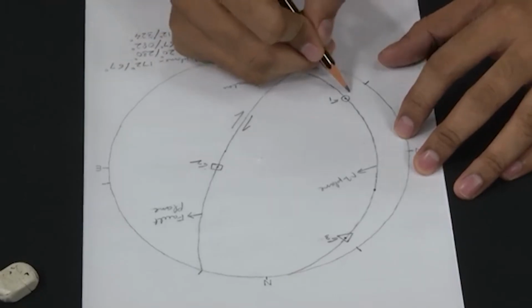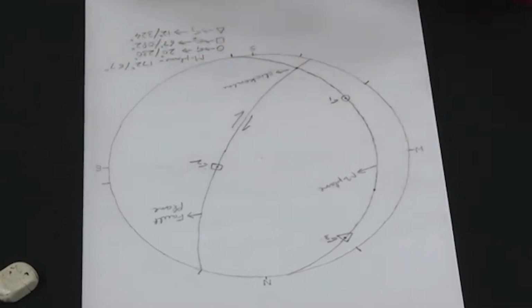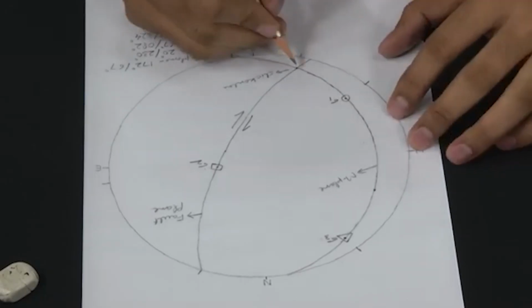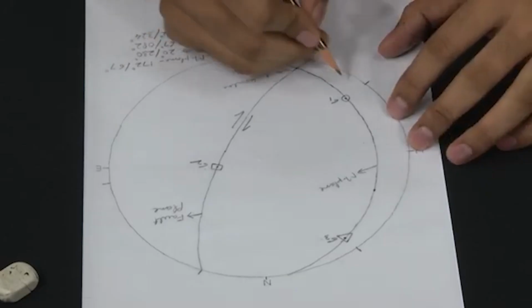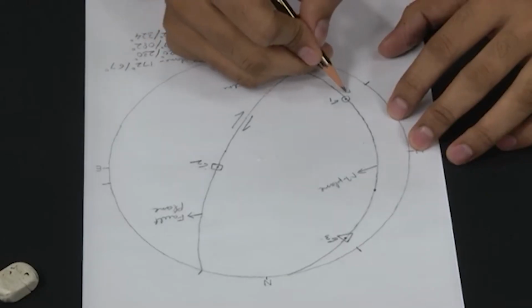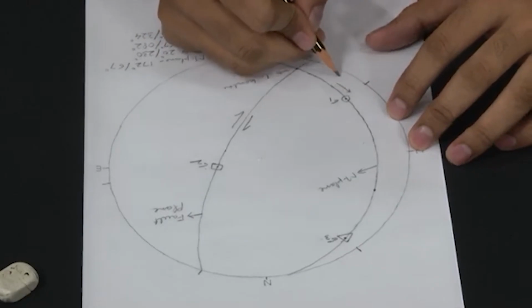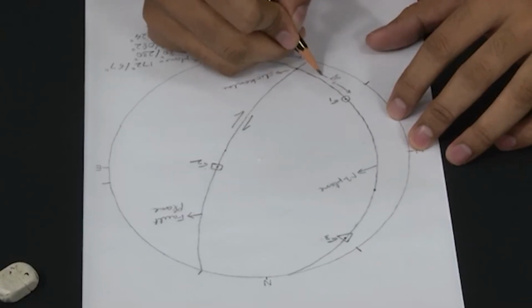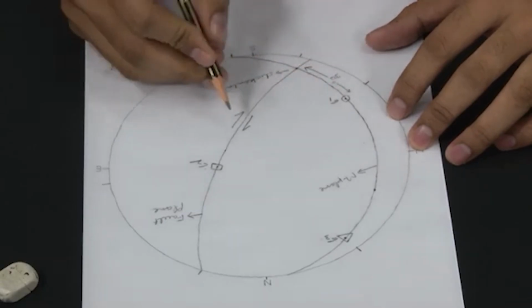So, basically the angle between sigma 1 and the fault plane is 30 degrees, which we take from the slickenside line, 30 degrees clockwise. So, this is 30 degrees clockwise for a dextral strike-slip fault.